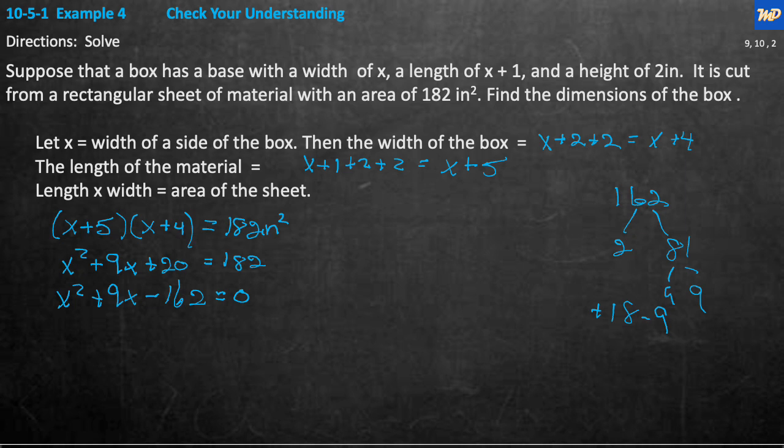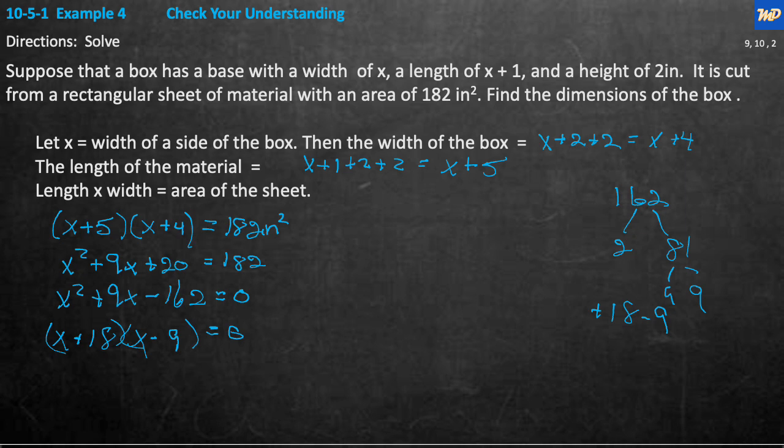I think we have it. So I'm going to write this factored as equal to 0: x plus 18 and x minus 9, because 18 minus 9 is 9, and 18 times negative 9 is negative 162.